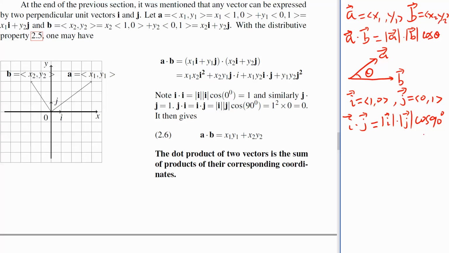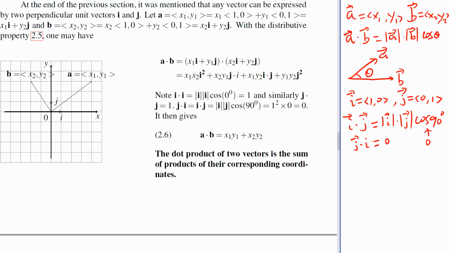So 90 degrees is 0 cosine. Then we finally have a 0. So you can see I dot J is 0. Since the dot product commutes, we then have J dot I is 0 as well.